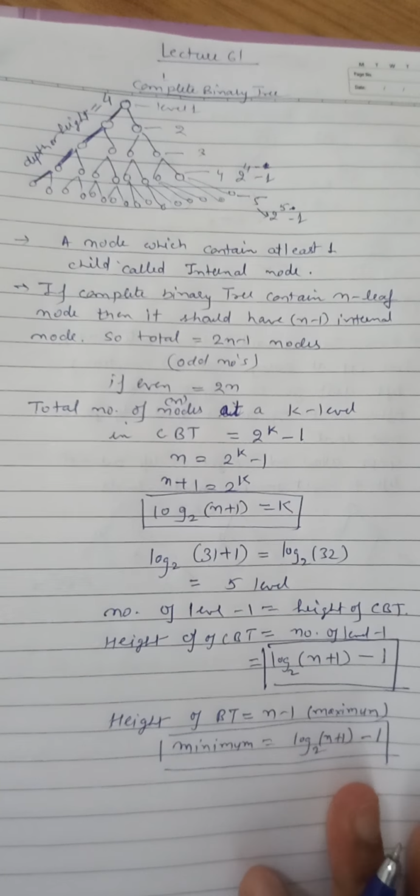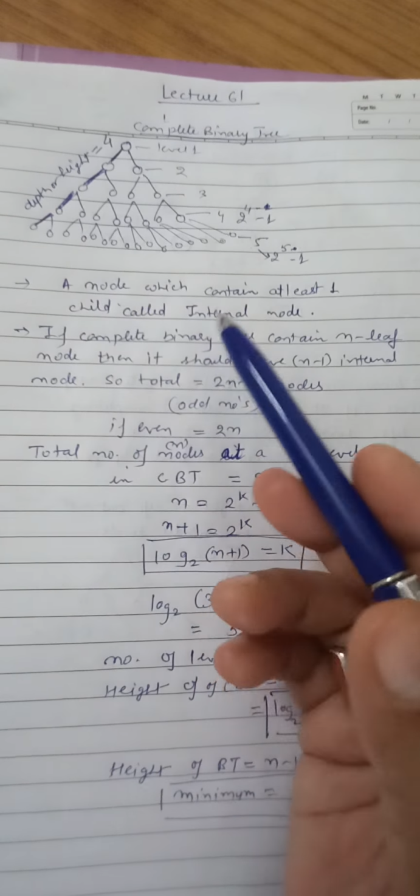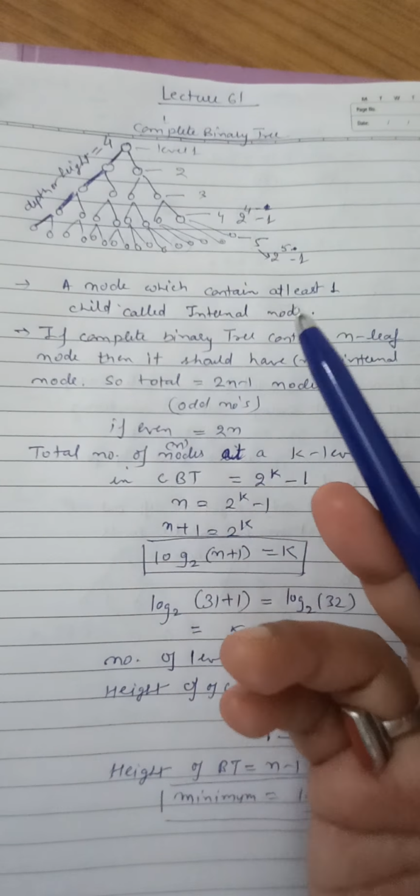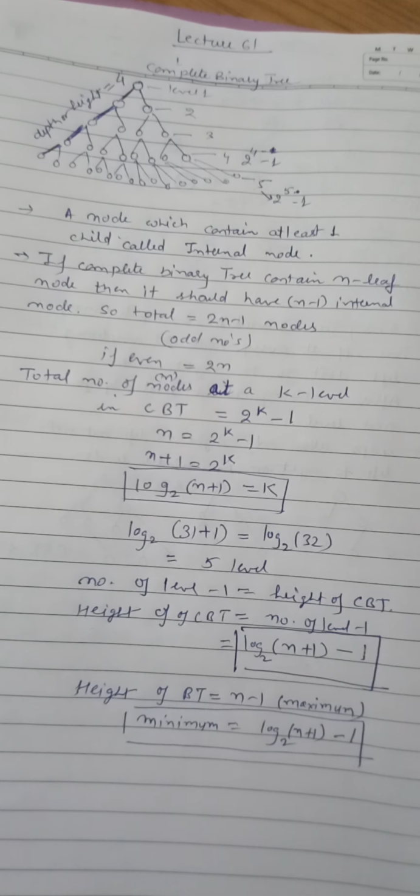So this is how we can calculate the number of levels or how many nodes are available in a complete binary tree or binary tree. In the next lecture we will learn how we can represent trees in the computer.